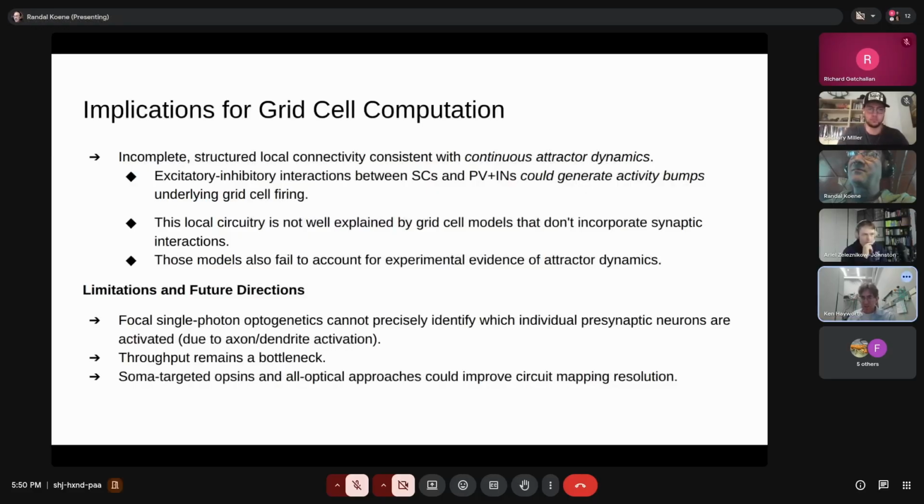Yeah, that makes sense. And so my question, I was hoping to get Randal or anybody else to speculate a little bit more on. I had not realized that the stellate cells and the pyramidal cells have different interneuron populations that they're getting their input from.